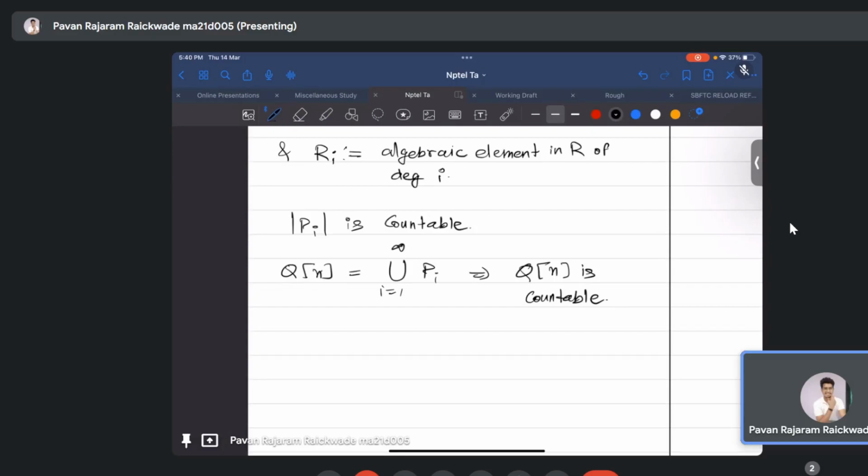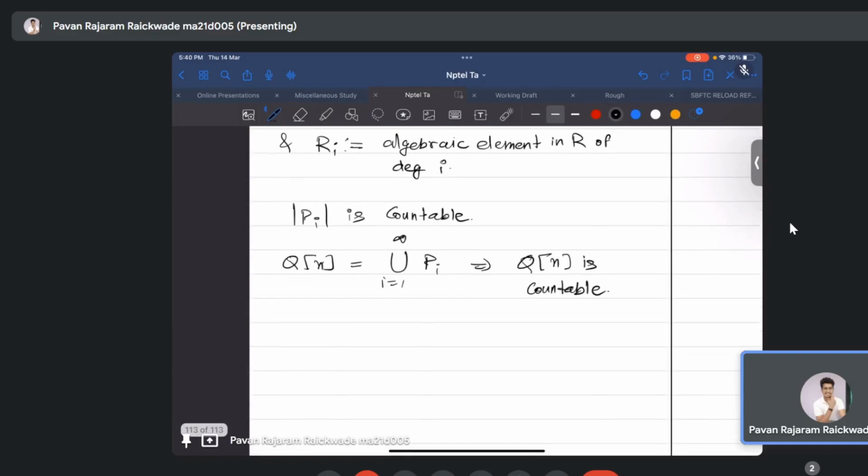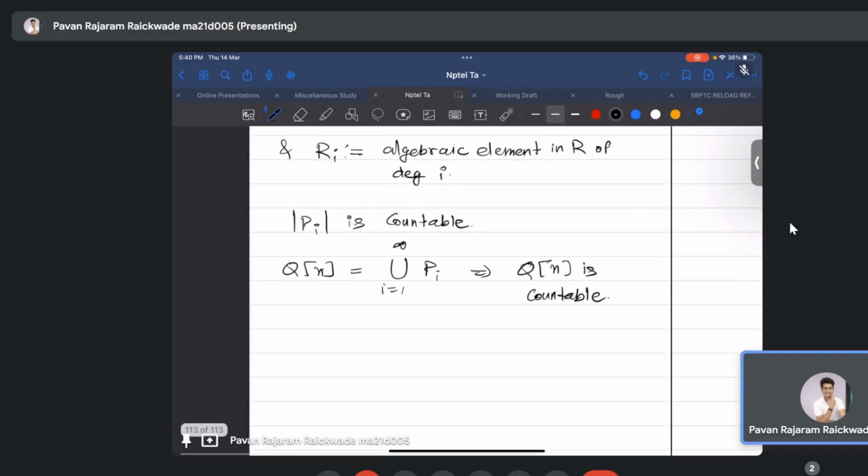Then what are the algebraic elements? Each algebraic element corresponds to some polynomial. So if the whole Q[x] is countable, then the set of all algebraic elements also has to be countable, because every polynomial has finitely many roots. I'm just looking for a mapping to prove everything.